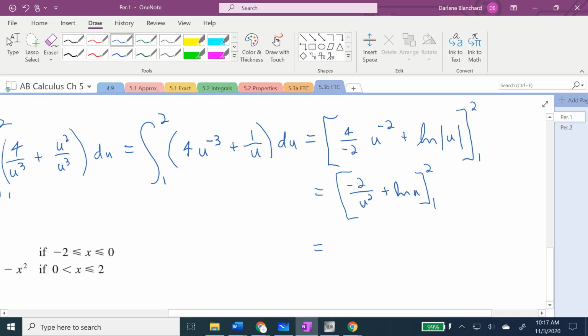So I plug in the 2, and that's going to give me negative 1/2 plus natural log 2. And then when I plug the 1 in, I'm going to get negative 2. And what is the natural log of 1?